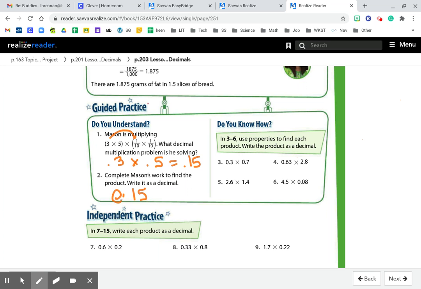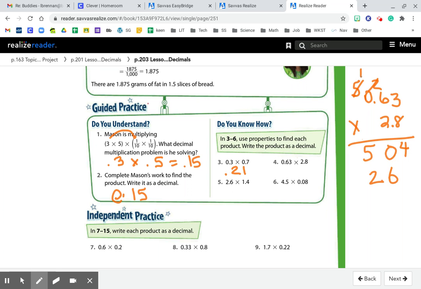So you can use properties or you can just go through and do the math. 3 times 7 is 21, 2 decimal places in the problem, 2 in the answer. Next, 0.63 times 2.8. 8 times 3 is 24. 8 times 6 is 48, plus 2 is 50. 8 times 0 is 0, plus 5. 2 times 3 is 6. 2 times 6 is 12.